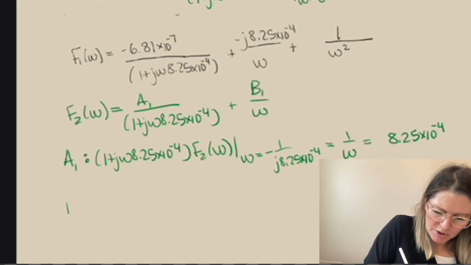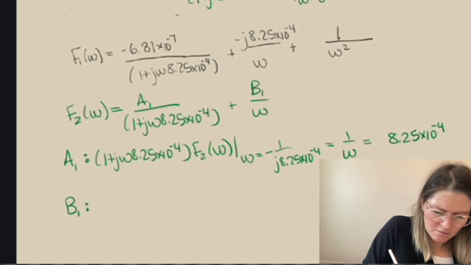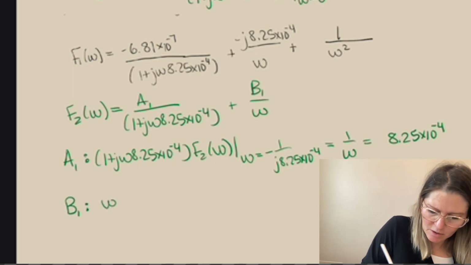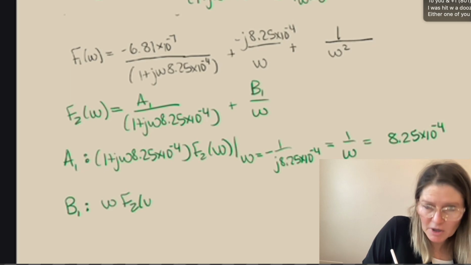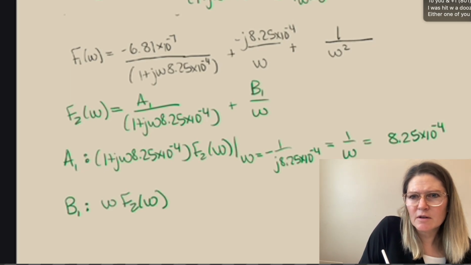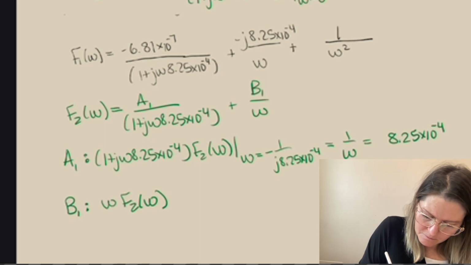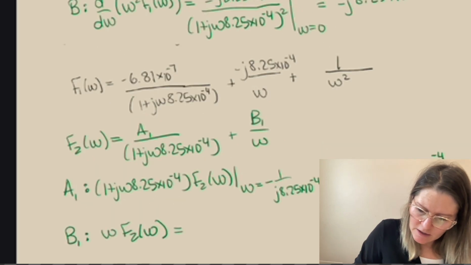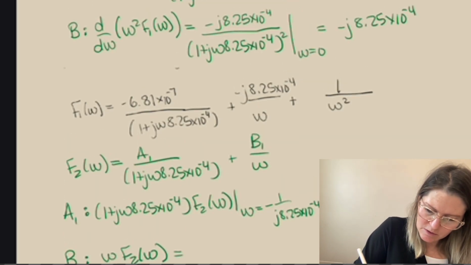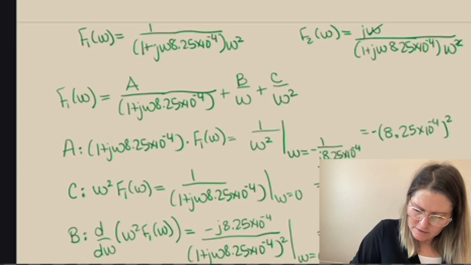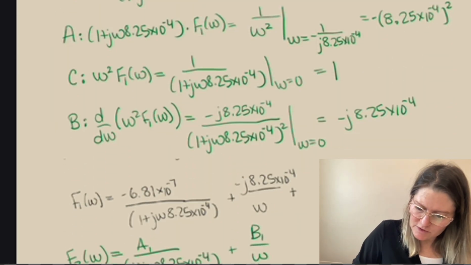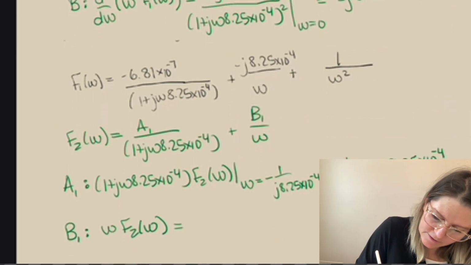And then B1 is going to just be omega times F2 of omega. That leaves me with the j, oh sorry, this is a j.